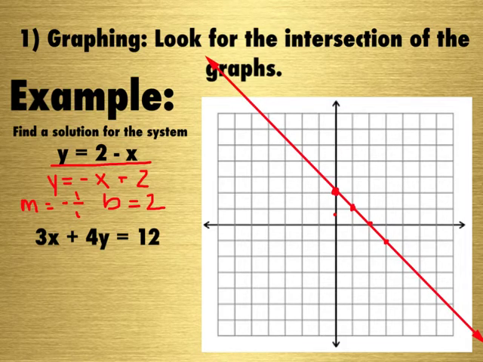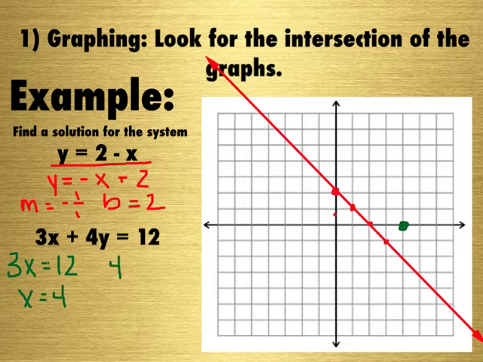Okay, and now the next line, this looks like standard form, ax plus by equals c, so we can solve using zeros. If I want to find my x-intercept, I'll make y 0, so 3x equals 12, or x equals 4, so I'll plot a point at x equals 4.